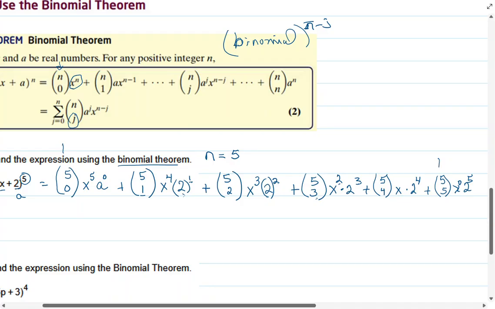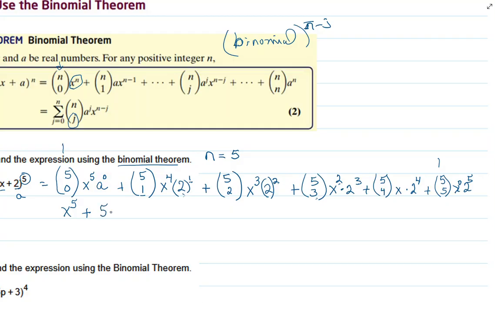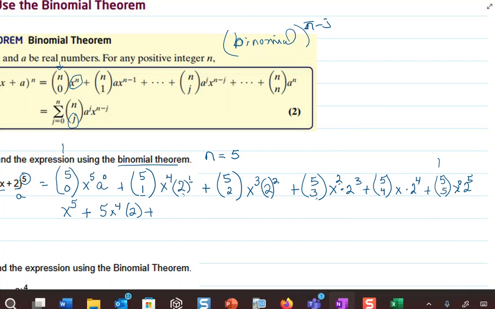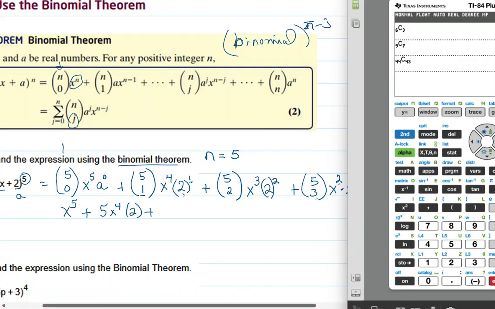Does everybody understand that? Yes. Okay, so I'm going to have x to the 5th plus. Now we know 5 and 1, we've got 5. 5 x to the 4 times the 2. All right. Now we have this guy. I'm not always confident on whatever that one is, so I'm going to do it. Is that okay?